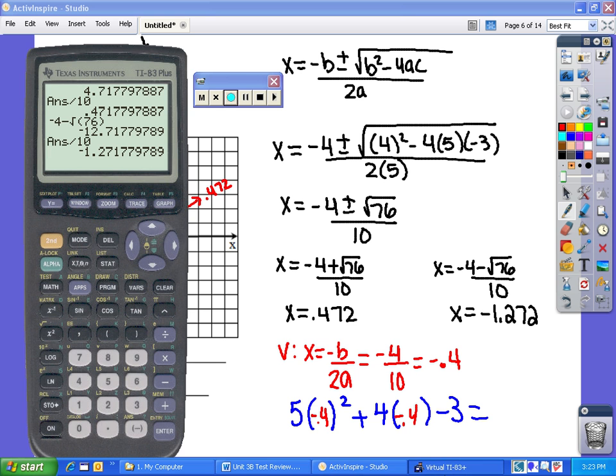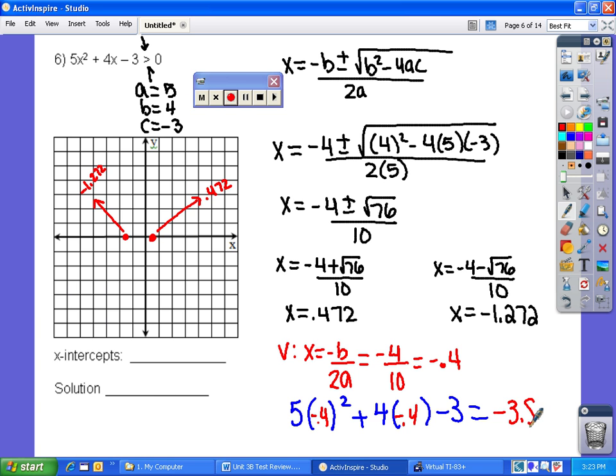Now you can take the calculator and put it into the calculator. And the calculator gives you negative 3.8. So that is your vertex. So your vertex is going to be negative 0.4 and negative 3.8.